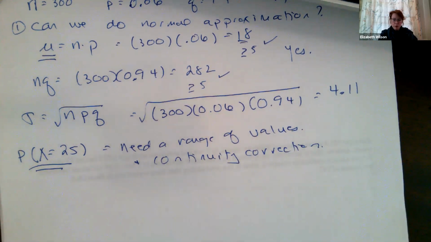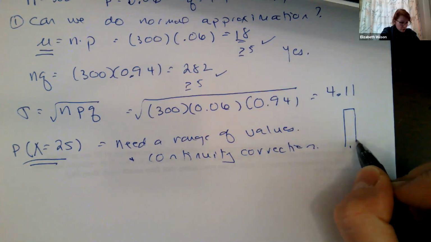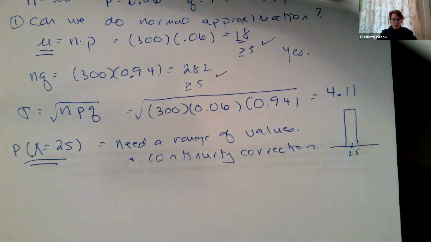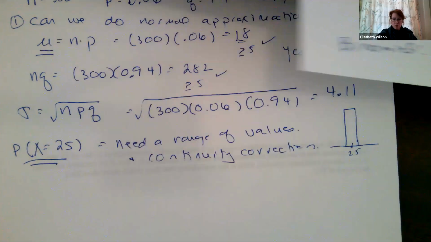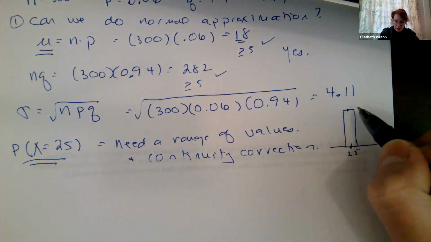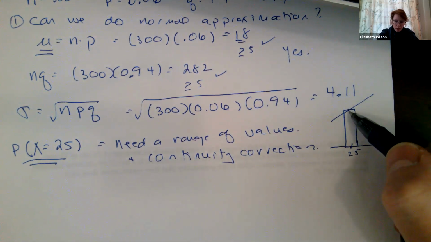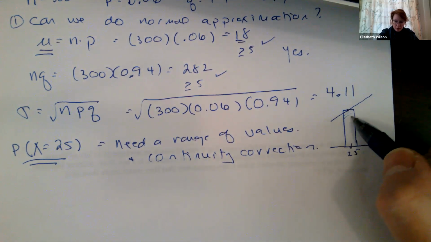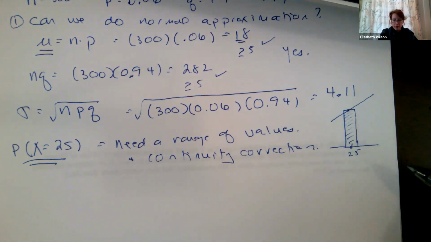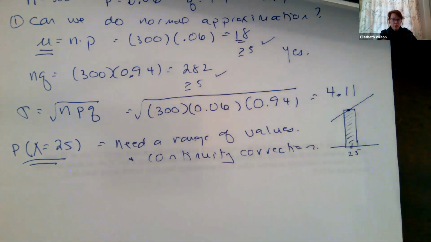Because let's think about it. We have binomial data, right? So this is our 25. If you think about that graph we did with all those boxes, this is a box right here. Our normal fit comes along and cruises right along here. What I want is the probability that x is exactly 25, so I have to include this whole box that represents 25.